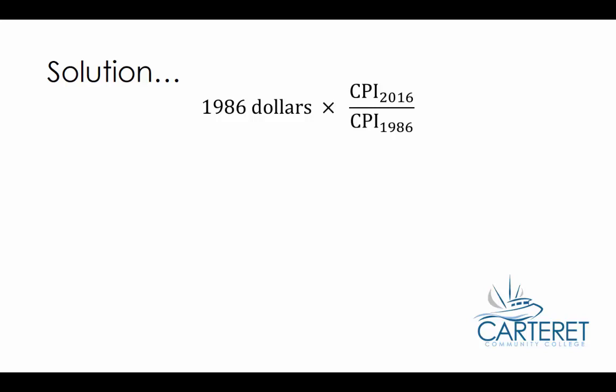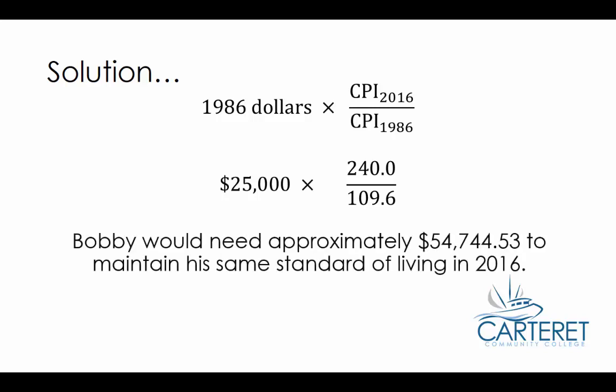The ratio of the CPIs from one year to the next will tell us how much more or less expensive items were in the new year. The ratio of CPIs indicates that items are roughly 2.19 times as expensive in 2016 as they were in 1986. Bobby would need approximately $54,744.53 to maintain the same standard of living in 2016.